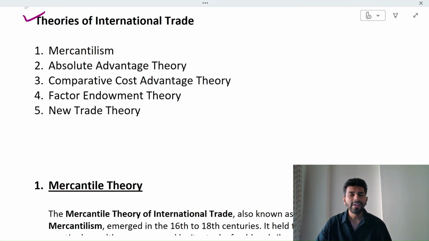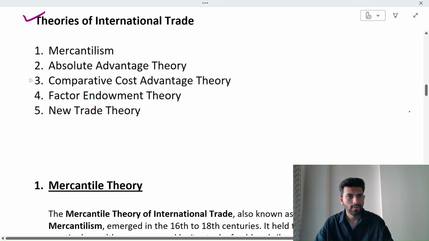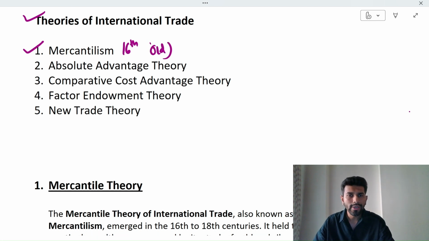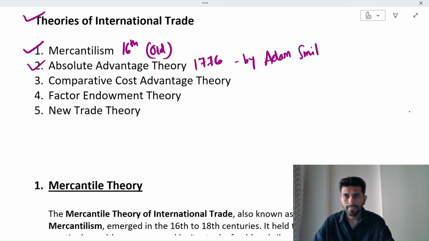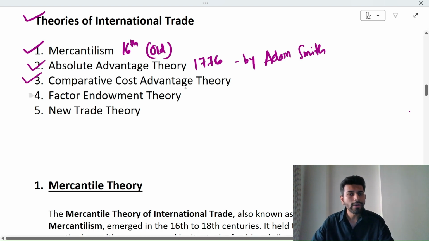Let's discuss some theories of international trade. First, mercantilism theory. It was introduced during the 16th century and it is the oldest theory. Then, absolute advantage theory. It was introduced in the year 1776 by Adam Smith. Then, comparative cost advantage theory was introduced by David Ricardo in the year 1870.